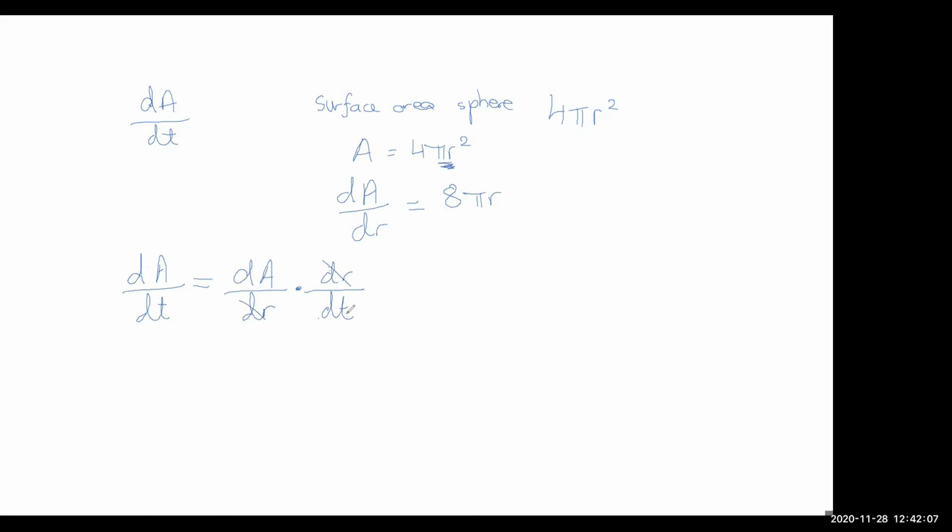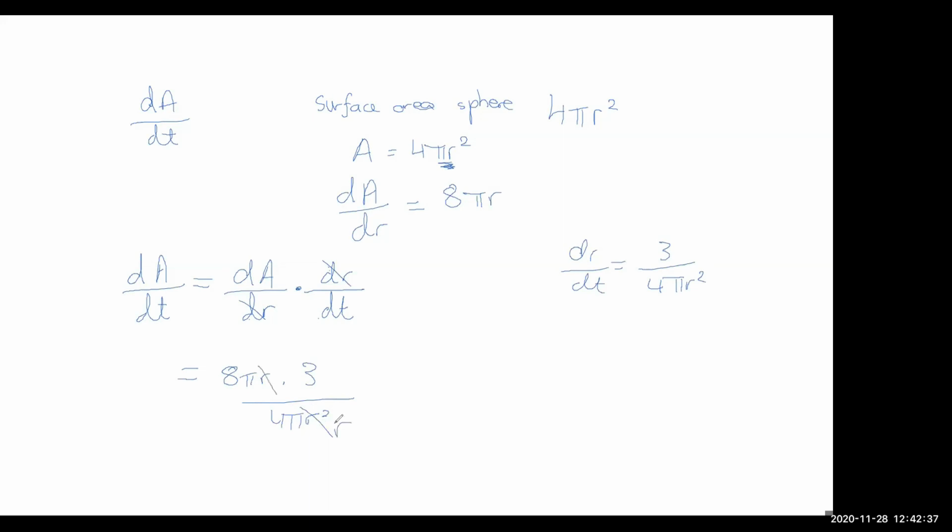So what's dr/dt? We've already got it, haven't we? In the previous question, dr/dt was 3 all over 4 pi r squared. So our answer is going to be dA/dr, which is 8 pi r, multiplied by 3 all over 4 pi r squared.